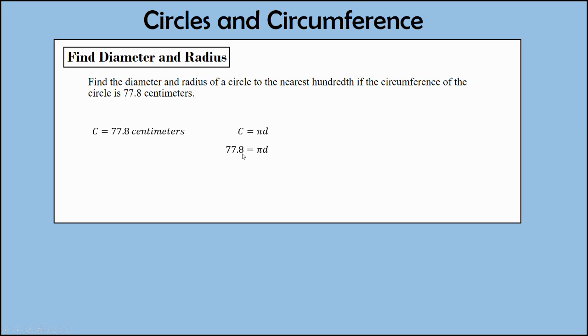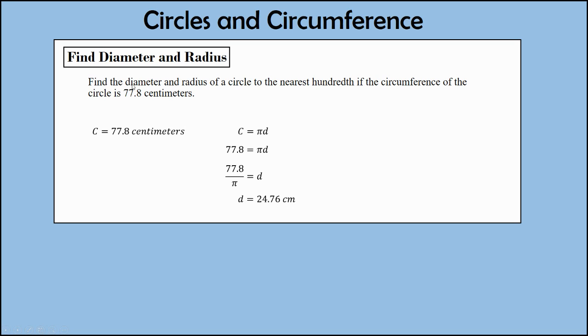I'm going to plug 77.8 in place of circumference. I'm going to divide each side by pi to isolate diameter, and we get 77.8 divided by pi equals diameter. So at this point, I would take out the calculator, go 77.8 divided by, hit the pi key, hit equals, and we get diameter is about 24.76 centimeters.